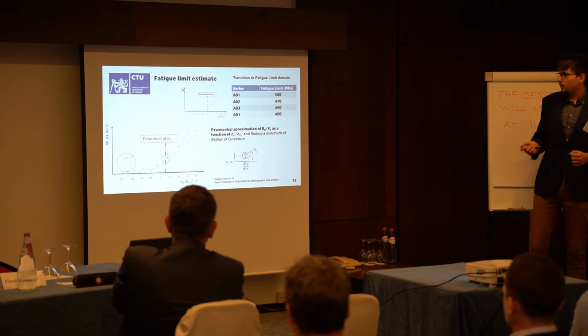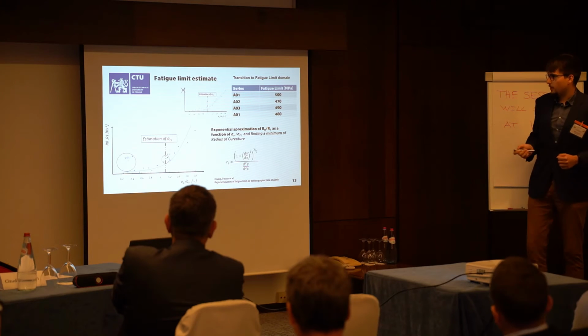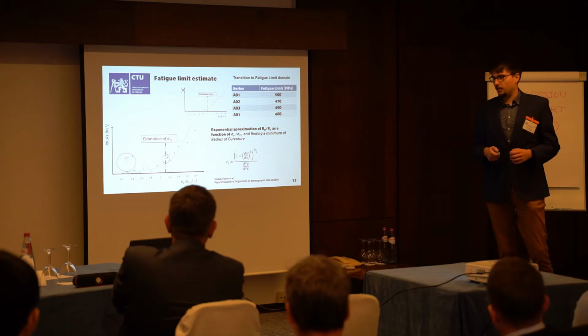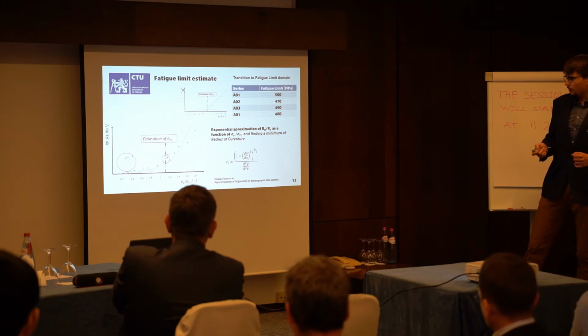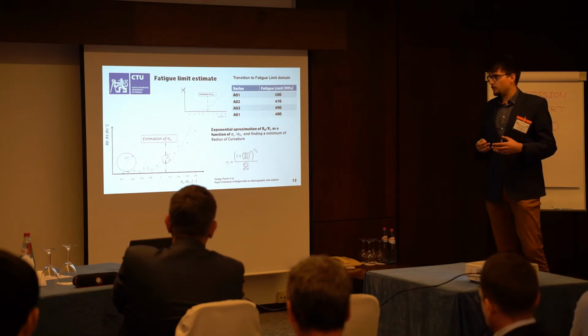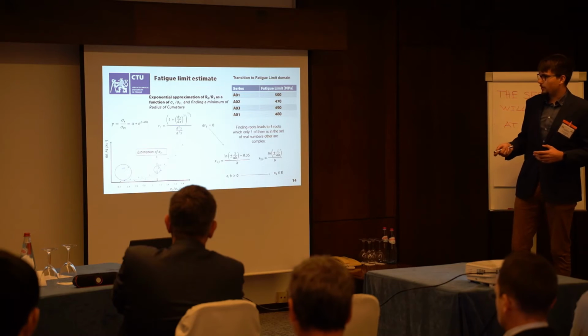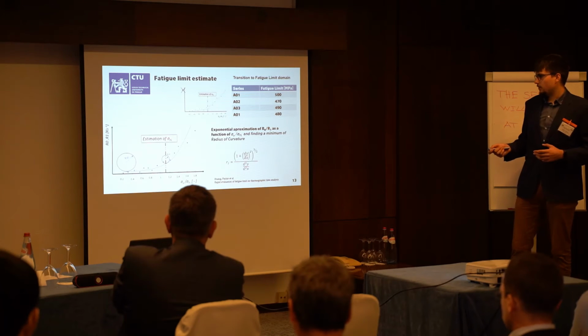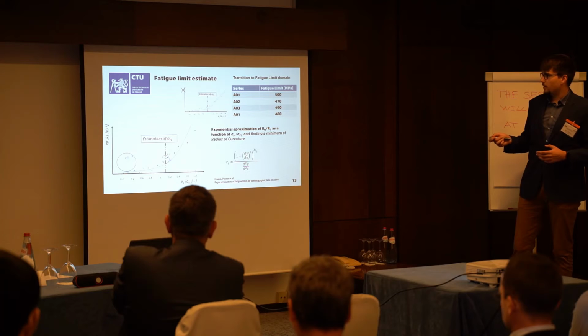So these two parameters were input parameters for our analysis, and we tried to use a method to find the intersection more correctly, because this is mainly a graphical method.